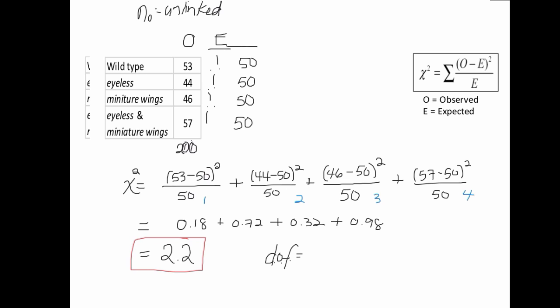So our degrees of freedom is 4 minus 1, or 3. Because we have 4 different independent events or independent variables that we're considering. Each independent variable is a different phenotype based on the segregation of these 2 genes, which we're determining whether they're linked or not.